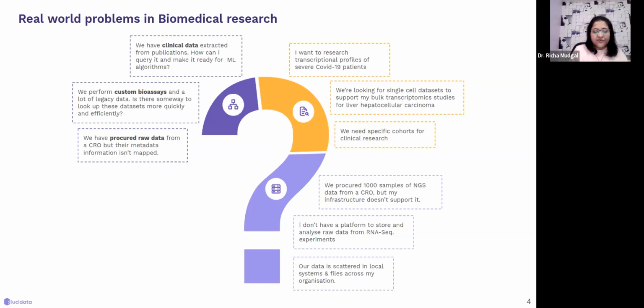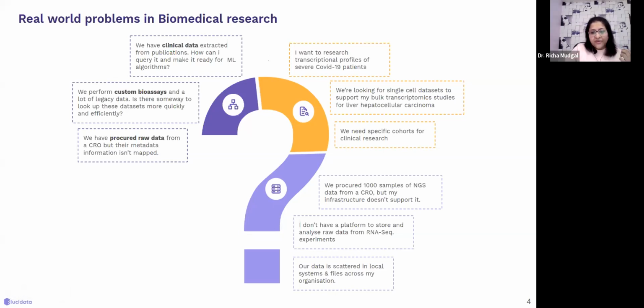It will just give you a flavor of what we really see in the real world of biomedical research. There is a lot of clinical data getting extracted from publications itself, or they run custom bioassays, or there's legacy information, and this data, when they are sourcing it, lacks structure and lacks metadata annotation for them to really extract the information from it.